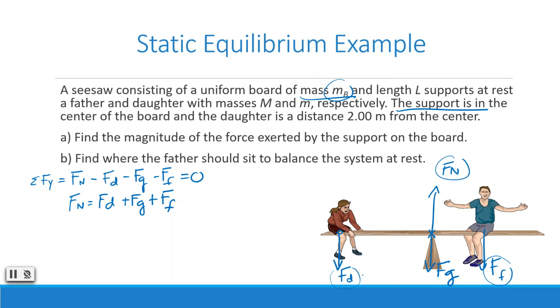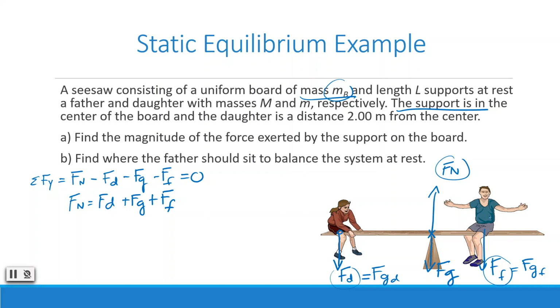So these are actually going to be equal to the gravitational forces of the daughter and the father. If the gravity is pulling down, the board's pushing them back up and they have to be equal. And then the force of the daughter on the board is equal and opposite the force of the board on the daughter. So we're all good.